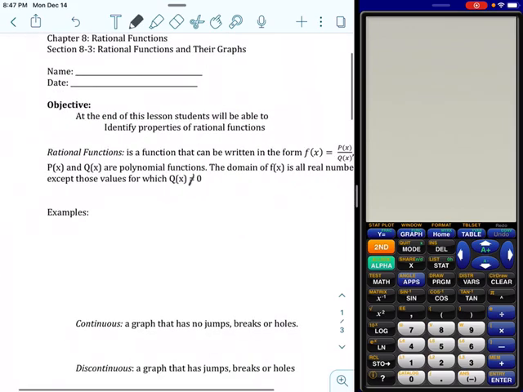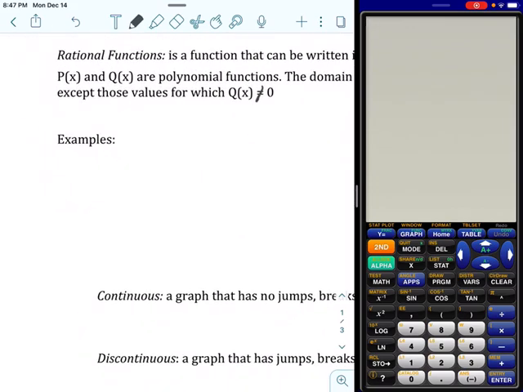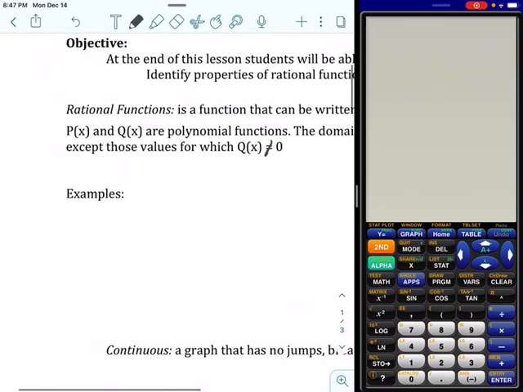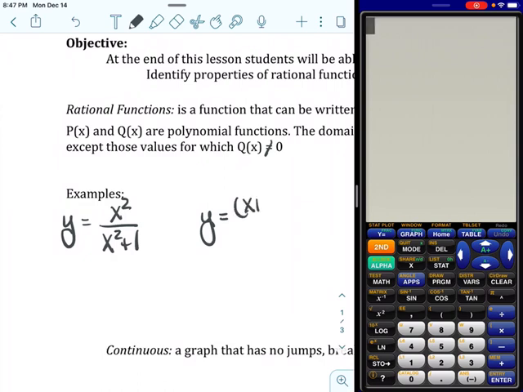So the domain of our function is all the real numbers except where q of x is equal to 0. Okay, so some examples of rational functions would be, and we can use y and not f of x, that's perfectly fine: y equals 1 over x squared plus 1. Or y equals x plus 3 times x plus 2 all over x plus 2.